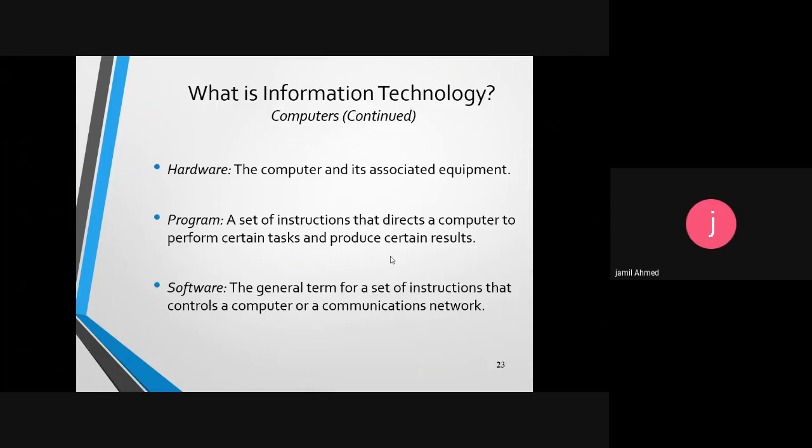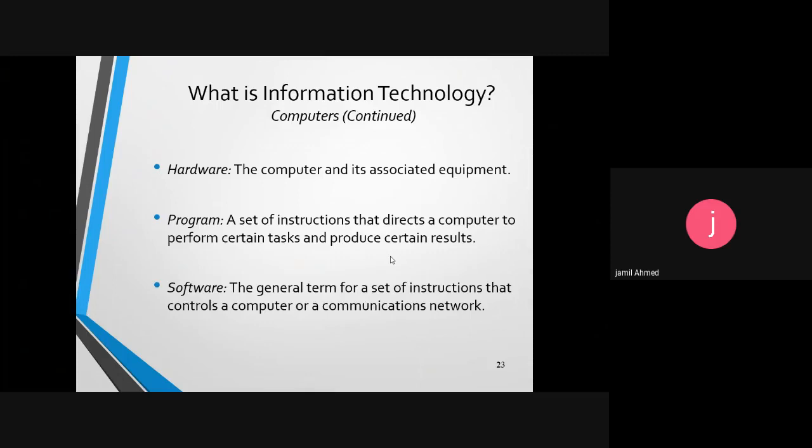So if we have a program, then definitely it has to go in a systematic manner, and after receiving a particular type of data, it has to convert that data into information.